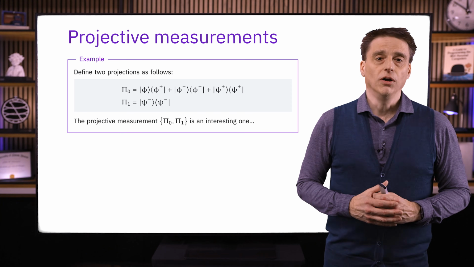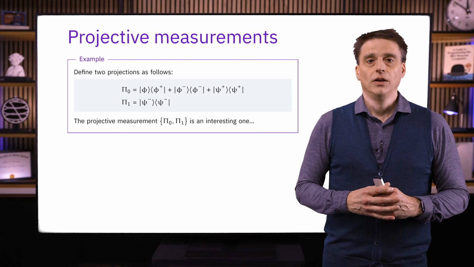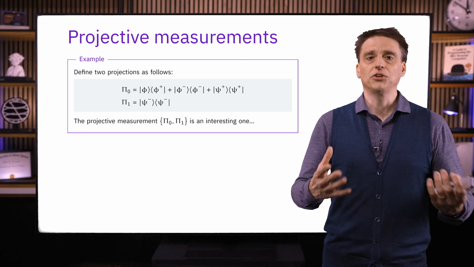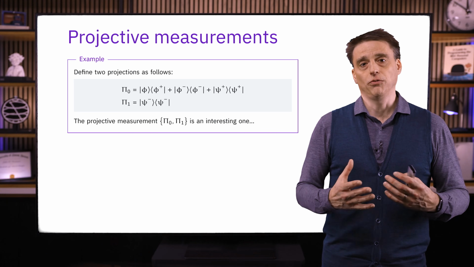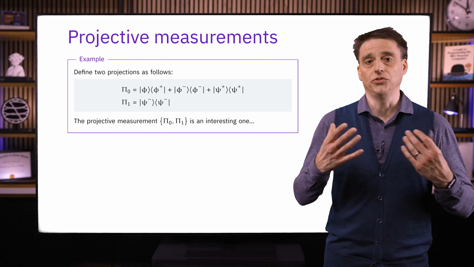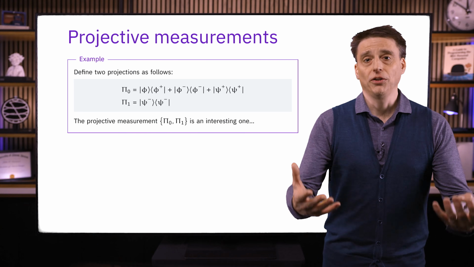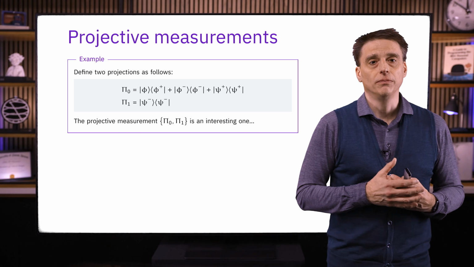Here's one more example of a projective measurement. This one is a measurement of 2 qubits. For this measurement, we have 2 projections and therefore 2 possible outcomes, which are 0 and 1. The projections are defined in terms of the Bell states, as you see right here.